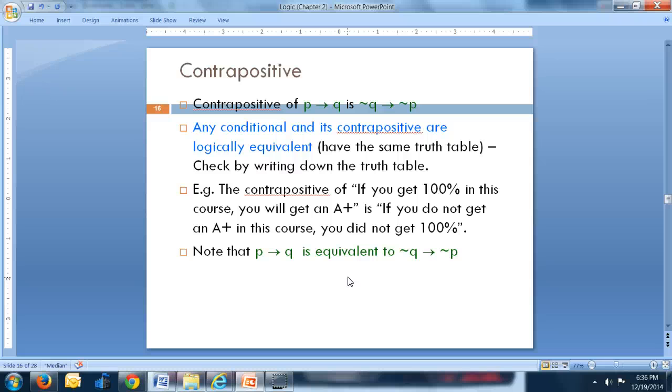The contrapositive always has the same value as the conditional statement. So they are equivalent if we construct a truth table for that. Both of them have the same value.